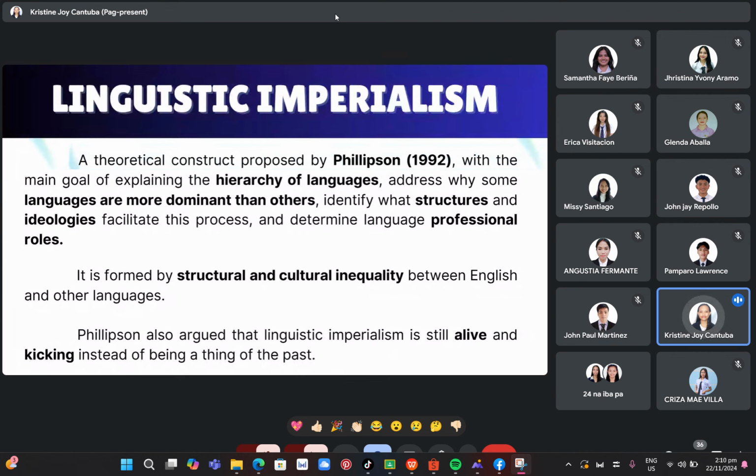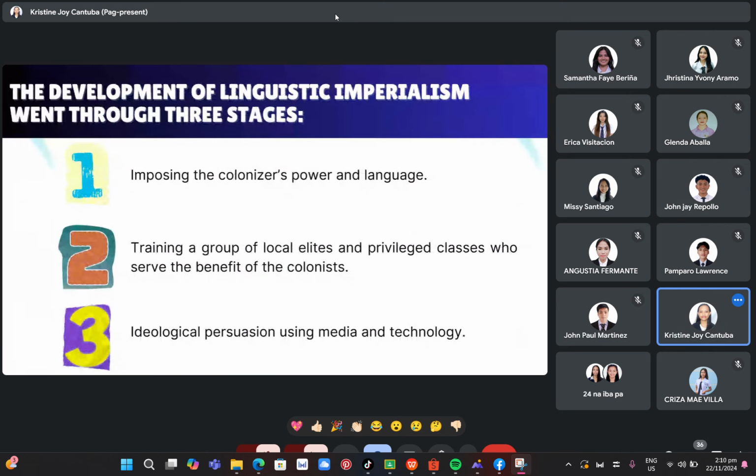Phillipson, in 2012, also argued that linguistic imperialism is still alive and kicking instead of being a thing of the past.